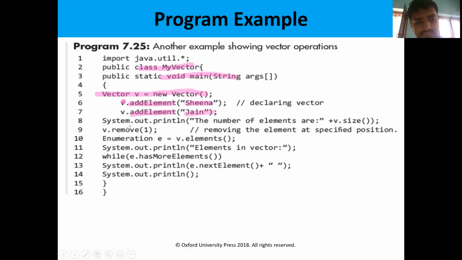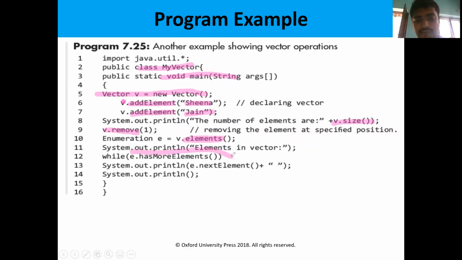Likewise, he is displaying the size of the vector. System.out.println, he is displaying the size. Size is a predefined method, v dot size. Then he is going to remove one value, v dot remove. Remove is a method. Then Enumeration e, declaring a variable e. Enumeration v dot elements, he is displaying the enumerated elements.